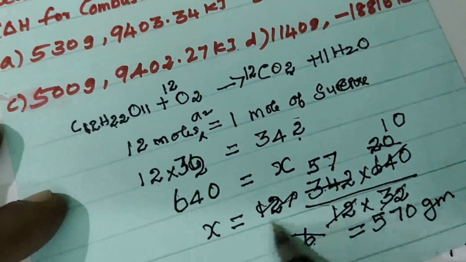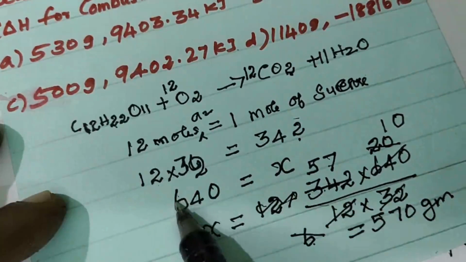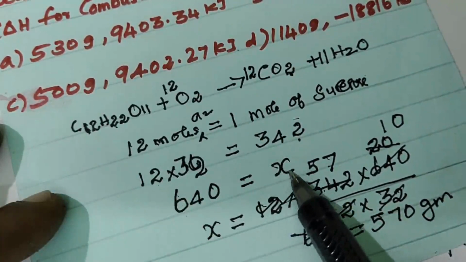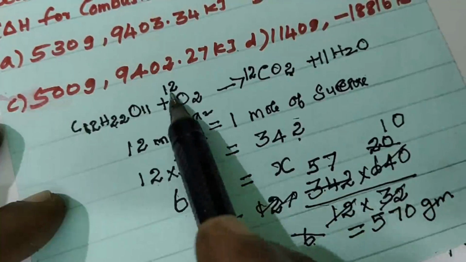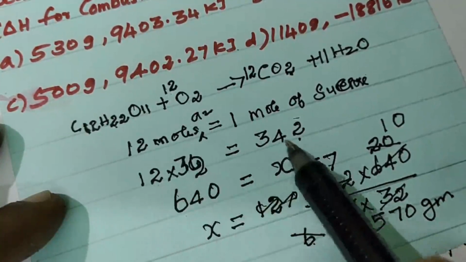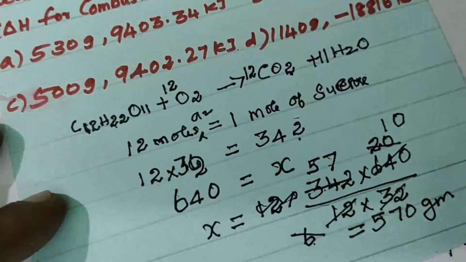So the first answer: if 640 gram of oxygen is inhaled, how much sucrose is used? According to this equation 12 mole of oxygen is used, so 12 into 32 gives 342 gram of sucrose.